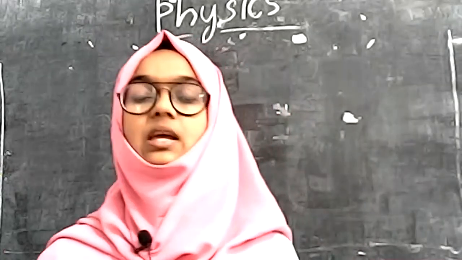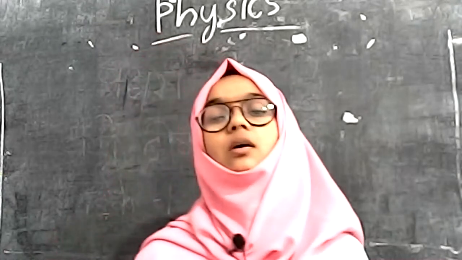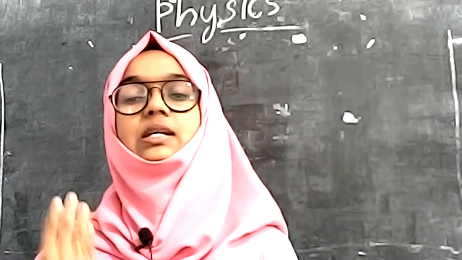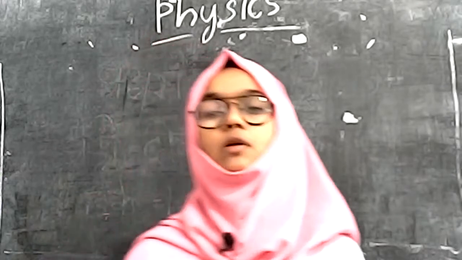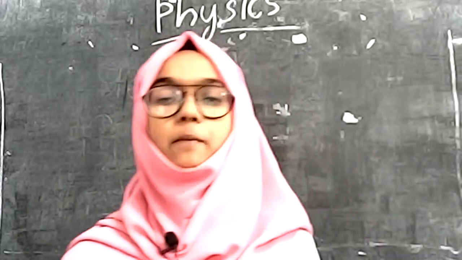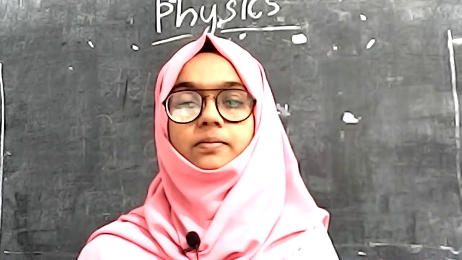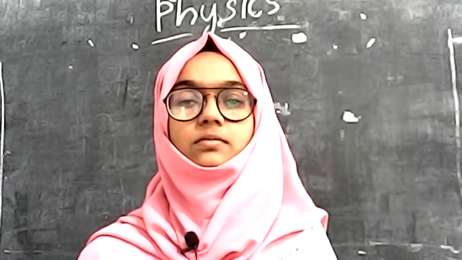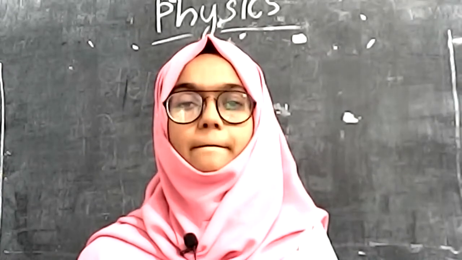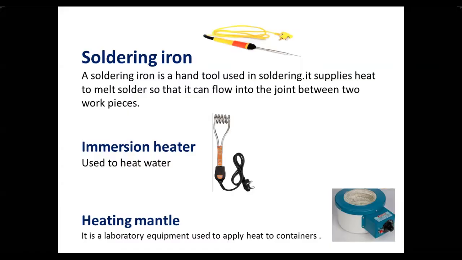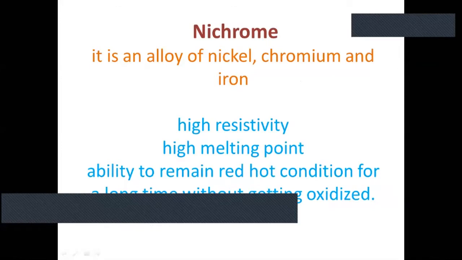And what is the advantage of nichrome wire and what is nichrome wire made up of? That can be seen through the slide. A nichrome wire is an alloy of nickel, chromium and iron.